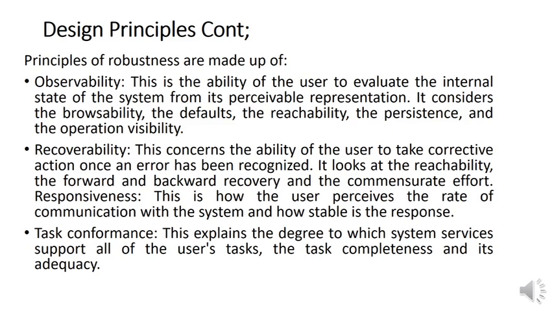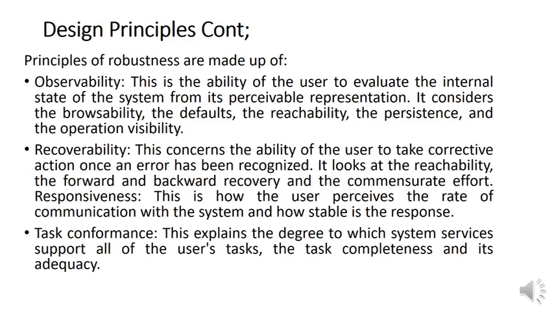Then under this robustness, recoverability. Recoverability, this concerns the ability of the user, we are still referencing the user, to take corrective actions once an error has been recognized. It looks at the reachability, the forward and backward recovery, and the commensurate effort.